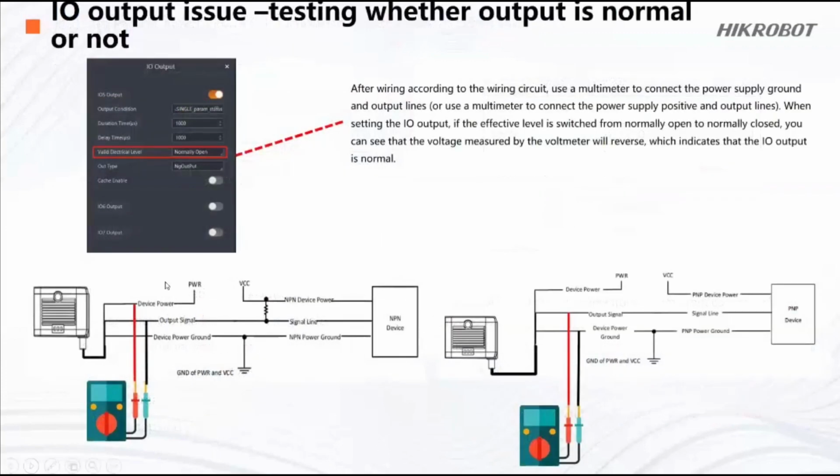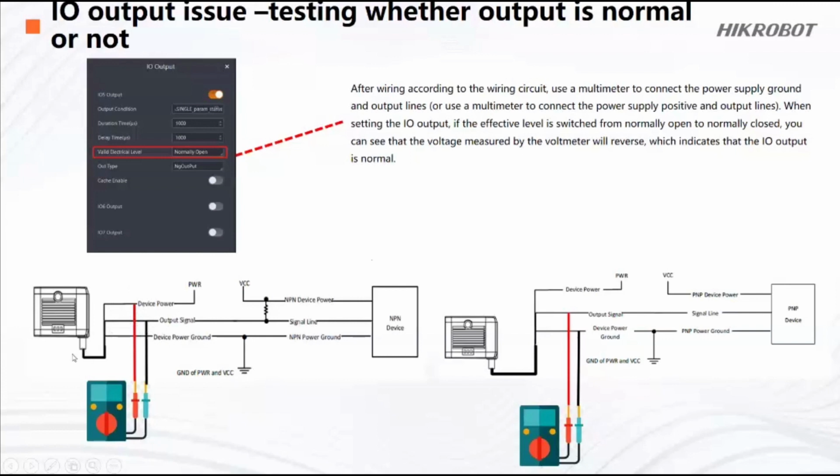For the second issue, it is also very common that you cannot output from the camera or input to the camera. Here is a quick way to detect whether it is the camera's own issue. When you connect the device like this, with NPN or PNP devices, and use your multimeter to directly link the power source and the signal source, you are able to see the voltage change.